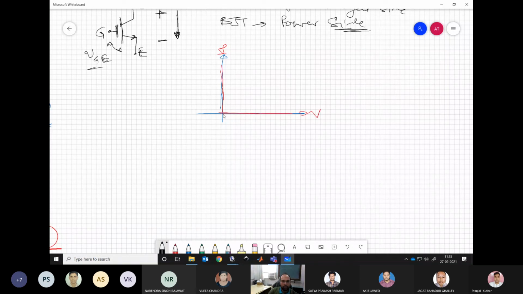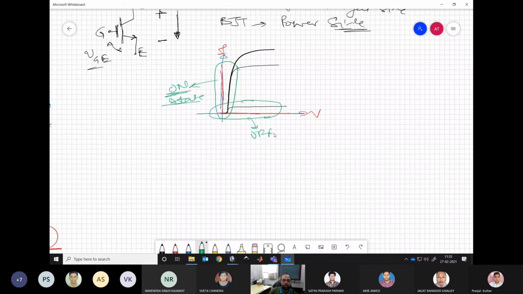And then we have a slightly late start but a very steep curve, and again we have two states, the saturation, this is a little exaggerated, and the cutoff. The device goes into the on state in this zone and into the off state in this zone. Very similar to BJT.